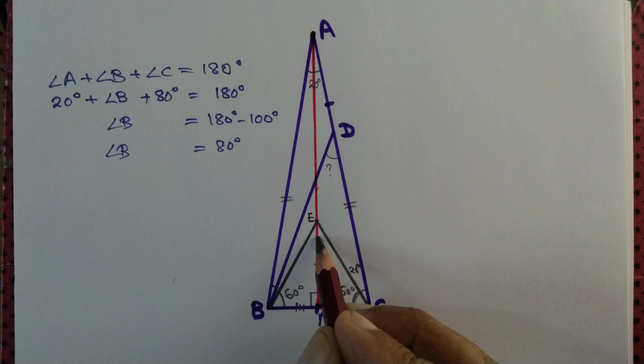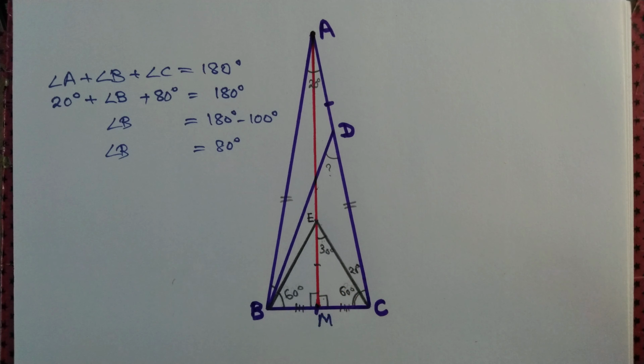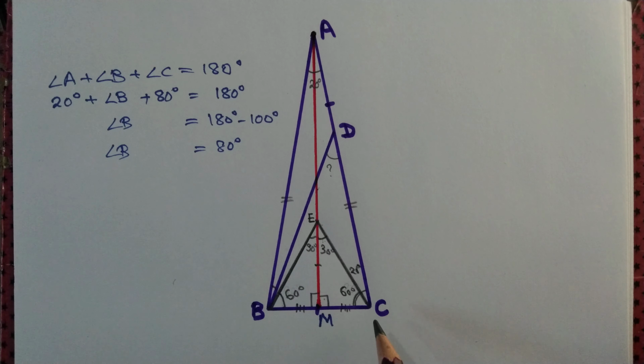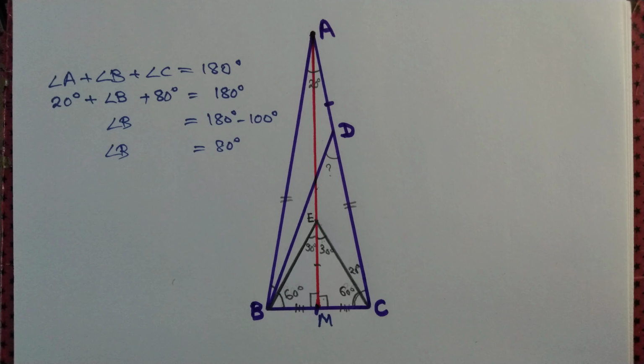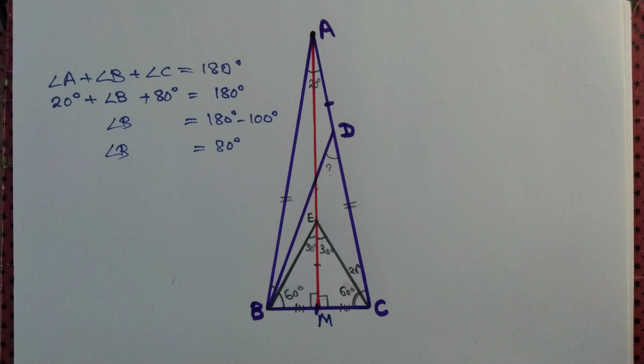Those two angles are equal, so I can say that this angle measures just 30 degrees, and so does angle BEM. Now this has an effect that triangle EBC is an equiangular triangle, or an equilateral triangle, and so BC equals EC equals EB.